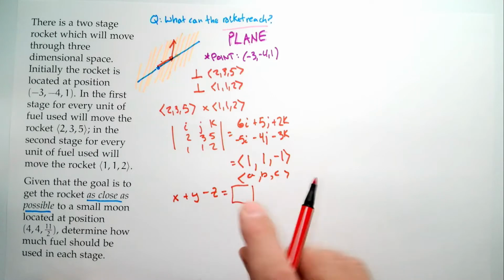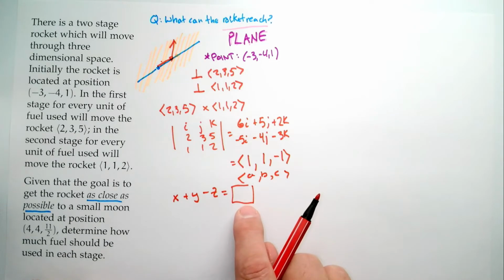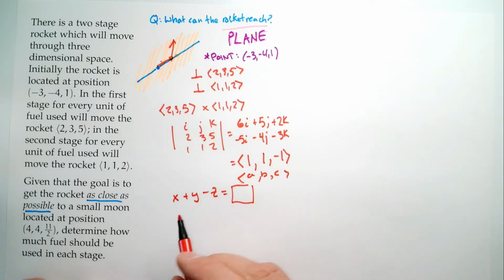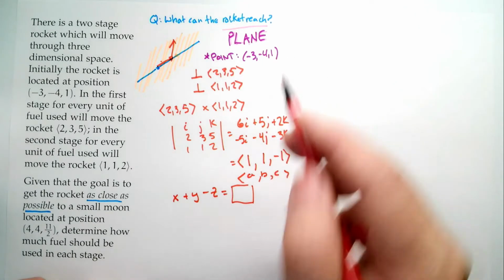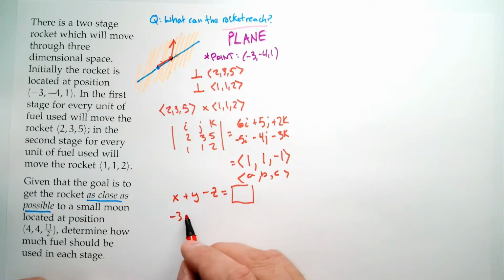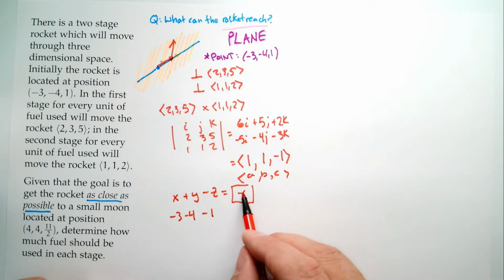So the question is, well, what's the something? What goes there? Right, that's where we plug the point in. So it's -3, -4, -1, which would give us a grand total of -8.